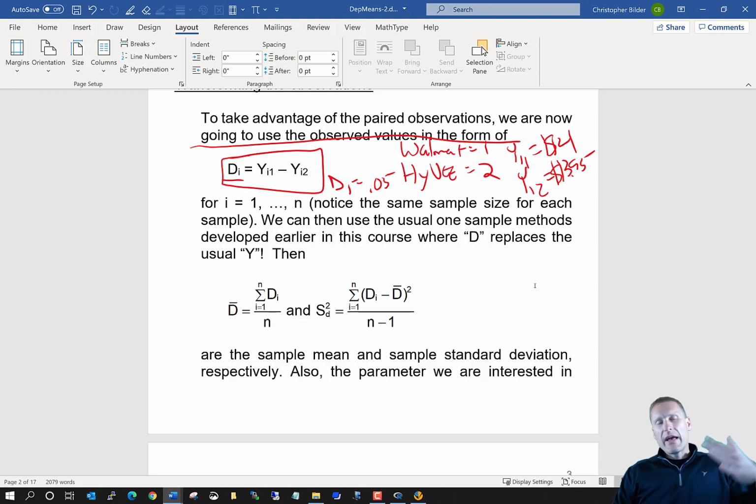And we're going to do that for every single set of observations that we have from our samples. So that now essentially you can say we have one sample of differences.